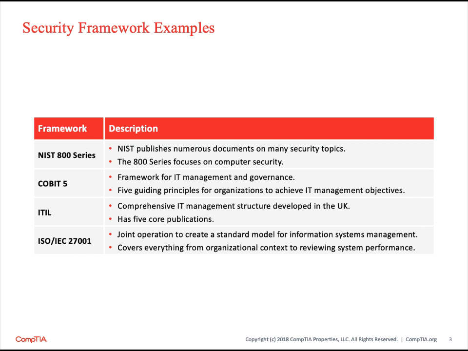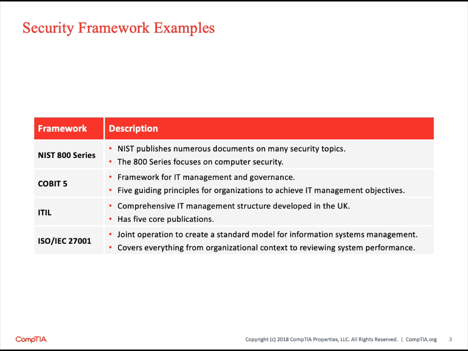That stands for the Information Technology Infrastructure Library. It is a comprehensive IT management structure that was developed in the United Kingdom. It has 5 core publications. These focus on IT strategy, design, transition, operation, and continual service improvements.